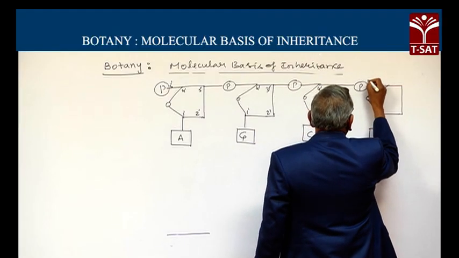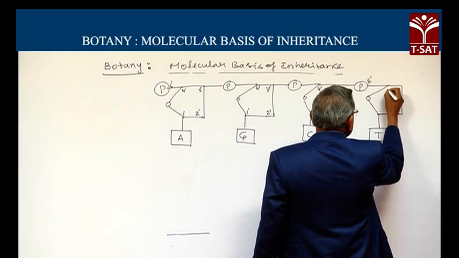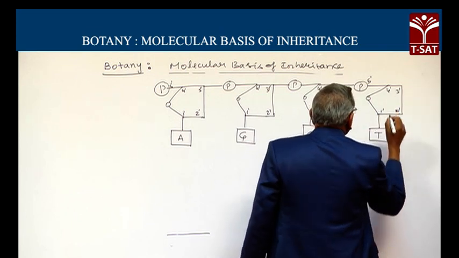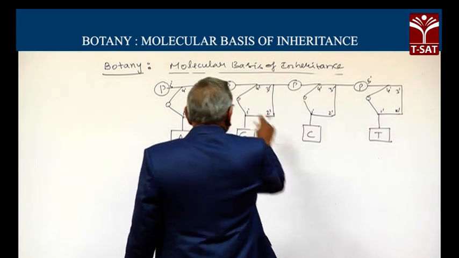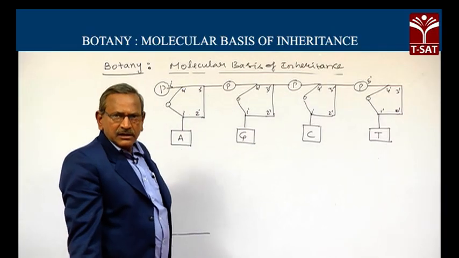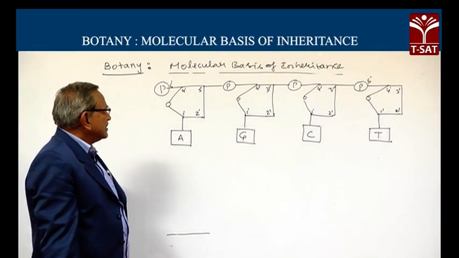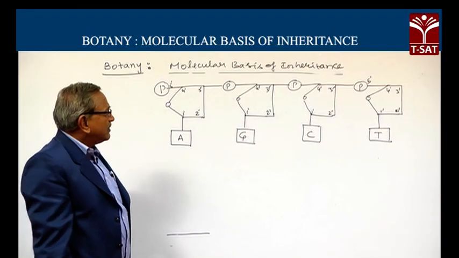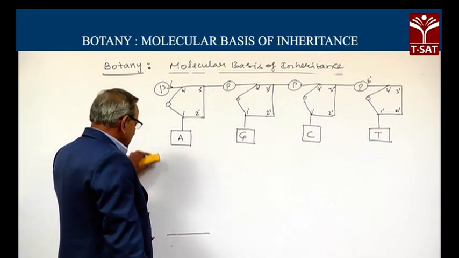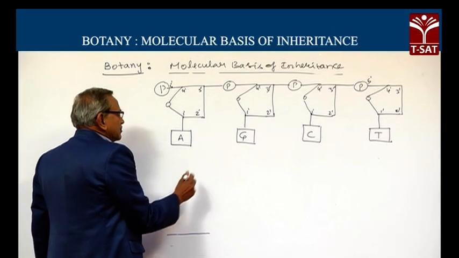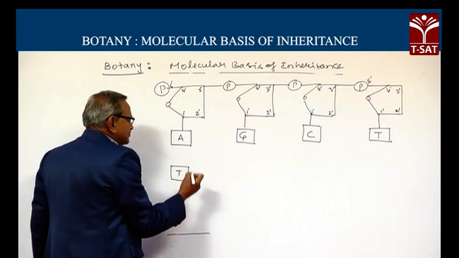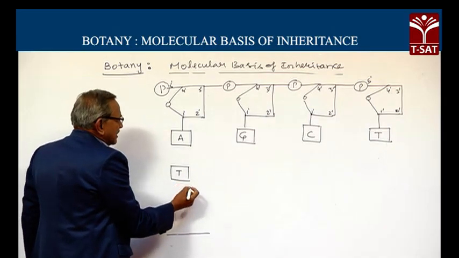So this is 5th position, and this is 4 prime, 3 prime, 2 prime, 1 prime. This is a polynucleotide of 4 nucleotides. So the successive nucleotides are joined by phosphodiester bonds. If a second polynucleotide strand is formed, then it will be like this.